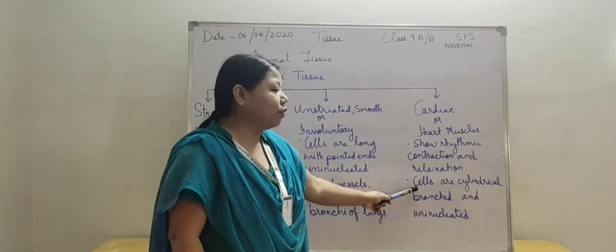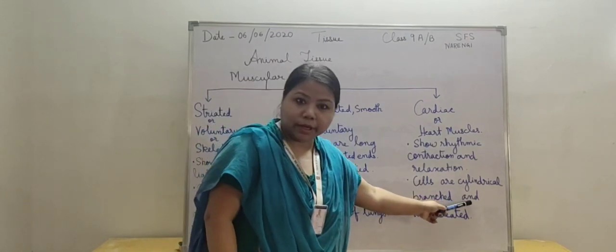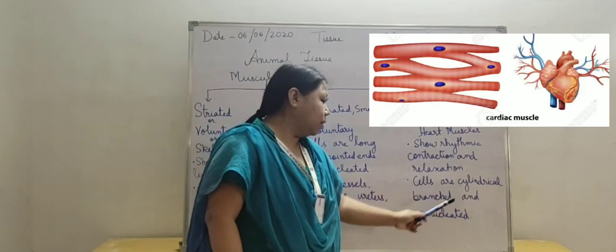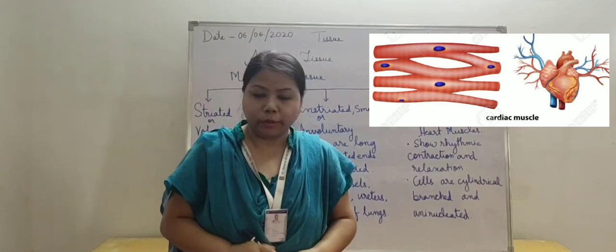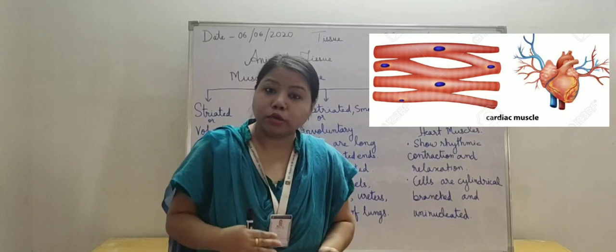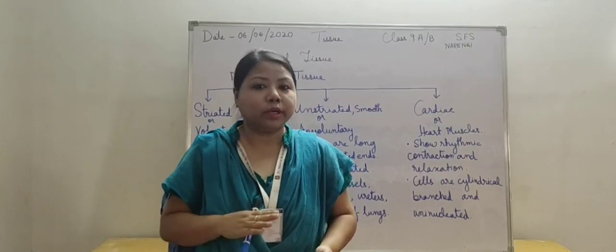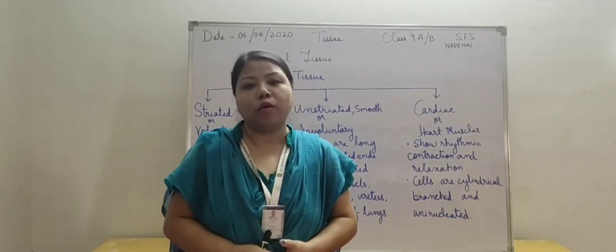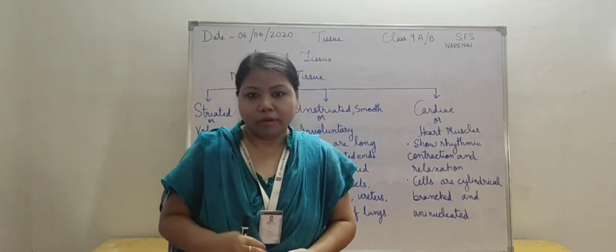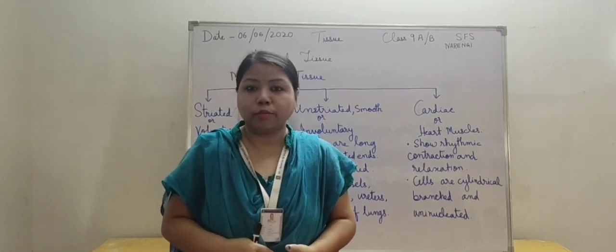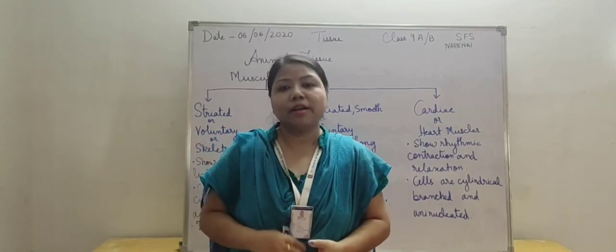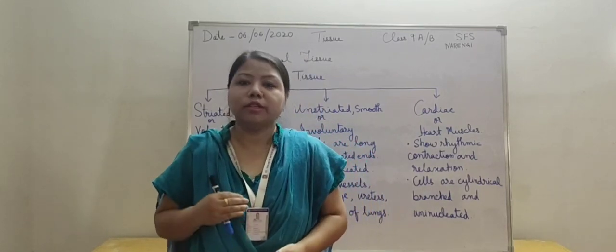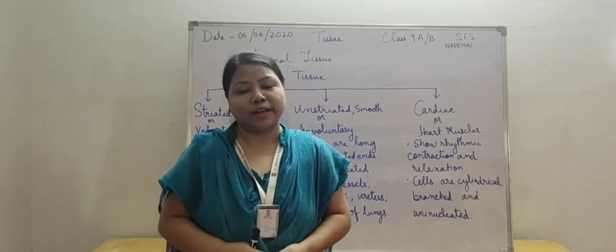The cells of this tissue are cylindrical, branched, and uninucleated. They have only one nucleus, and they are also involuntary because we cannot control the movement of cardiac muscles. Fine. So these are the types of muscular tissues found in the animal body.